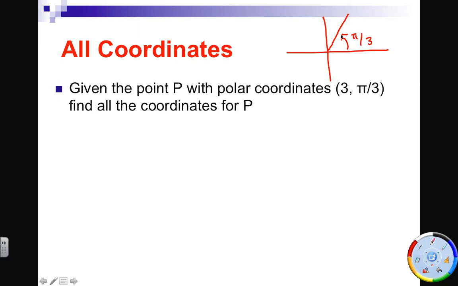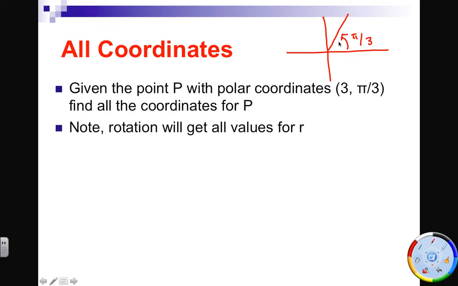A coterminal angle is just adding 2 pi a whole bunch of times. So we just keep rotating, and this would get me all of the same value. So 3 units out and pi thirds plus 2n pi.